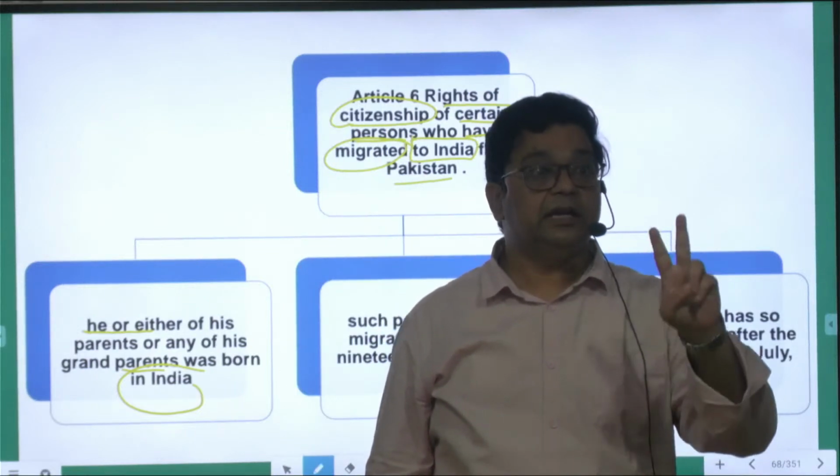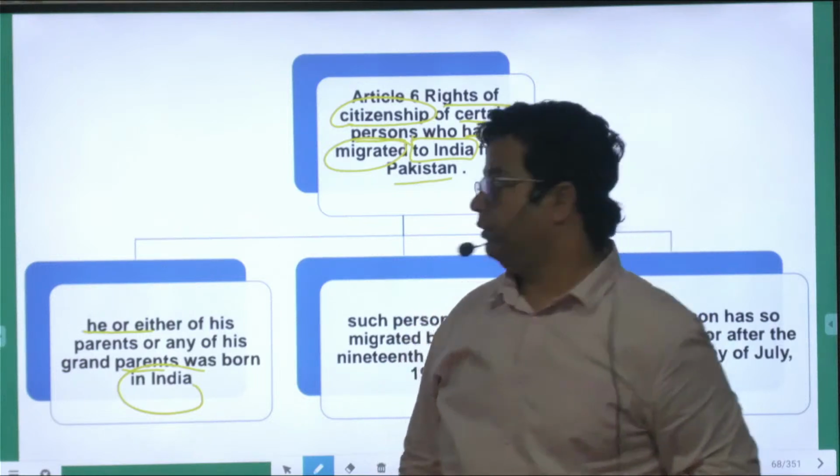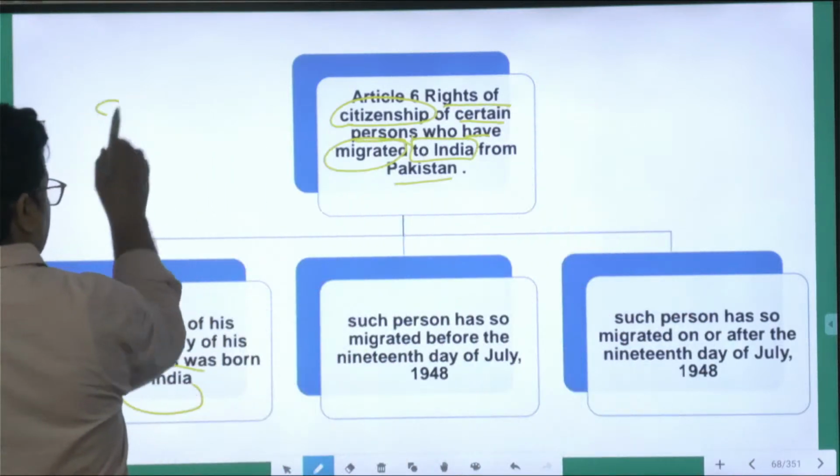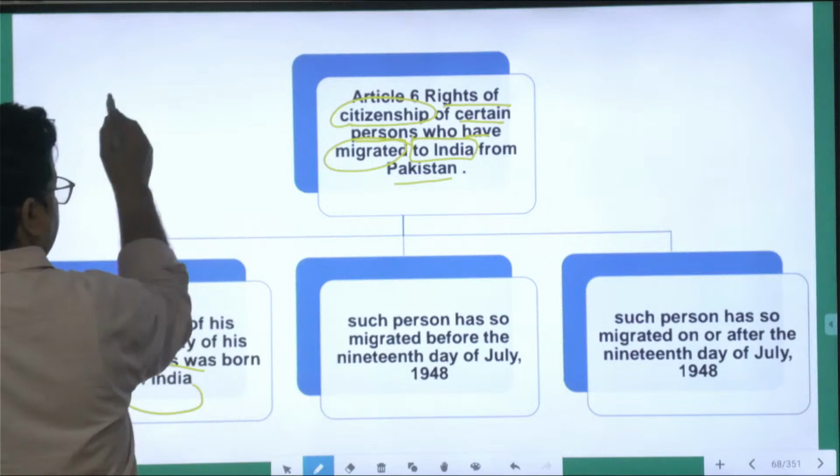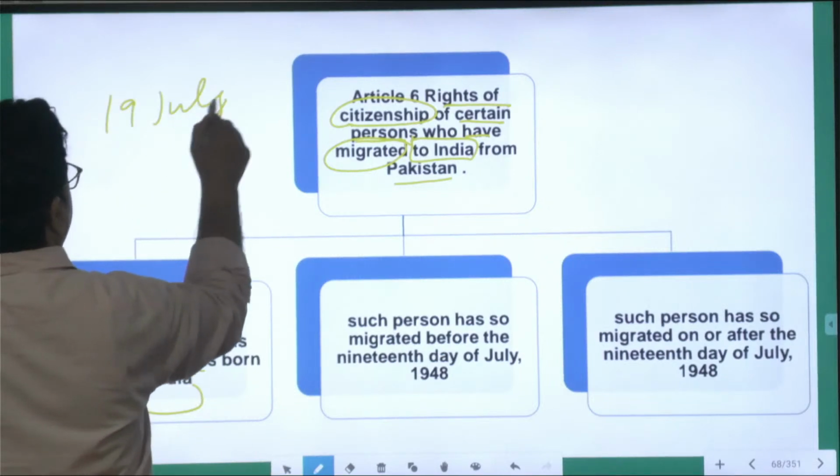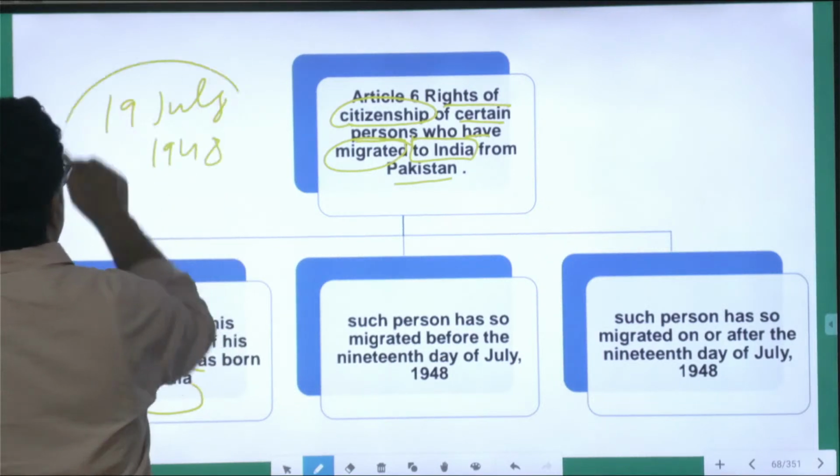So there is a date. A date has been given. It says 19th July 1948.